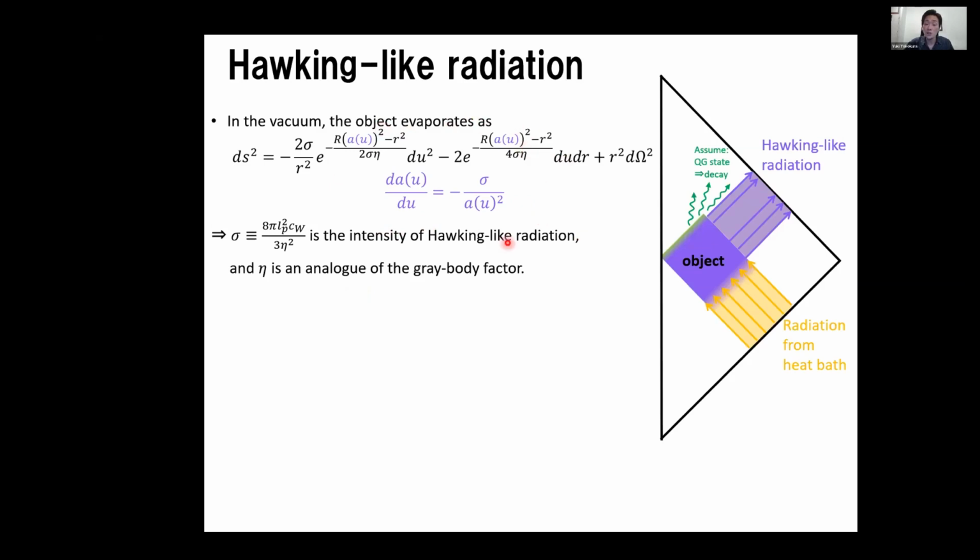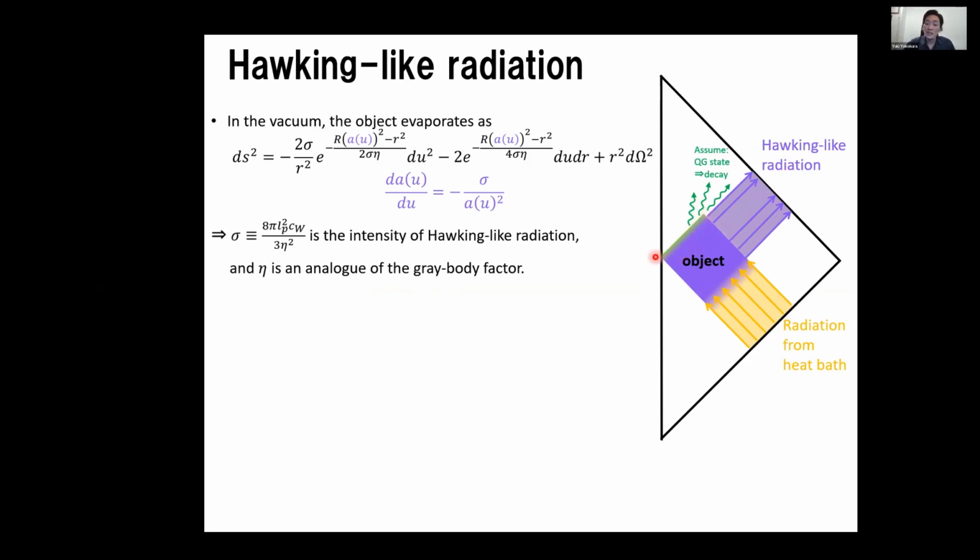Then for this geometry, we get this Penrose diagram for the formation and evaporation process. Radiation is coming from the heat bath, and the object is formed, and it evaporates. Of course, this semiclassical treatment cannot describe the final stage of the evaporation.